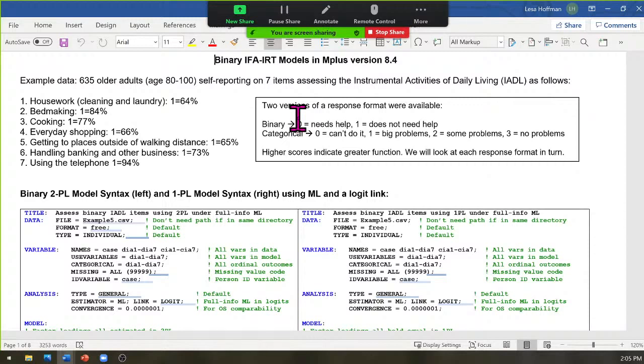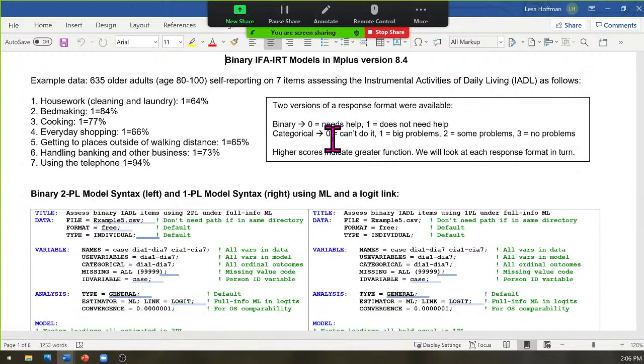Since we finished off last time talking about differences in estimation and how you can assess fit or not under those differences, I thought that would be a good place just to revisit what you get in terms of full information output versus limited information output.